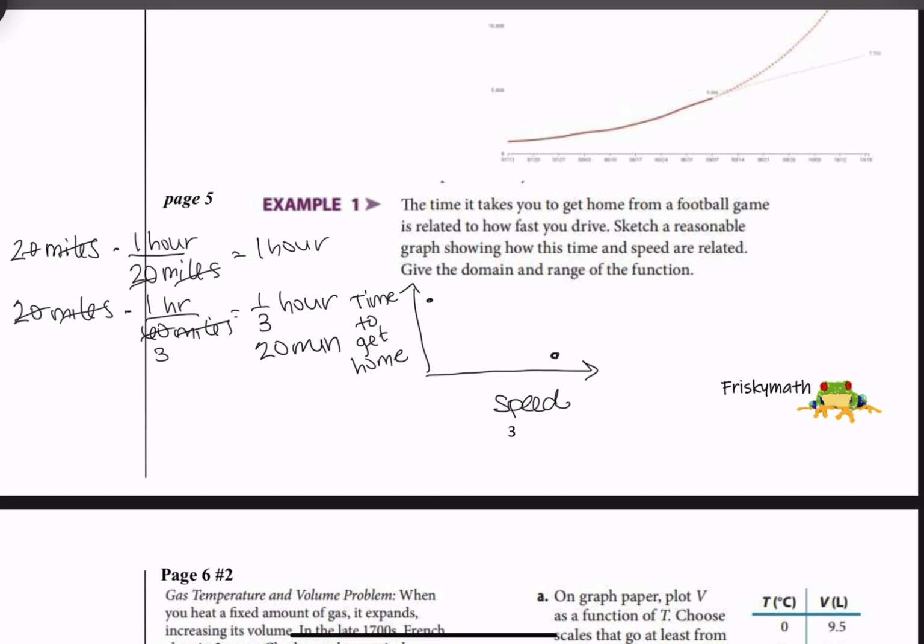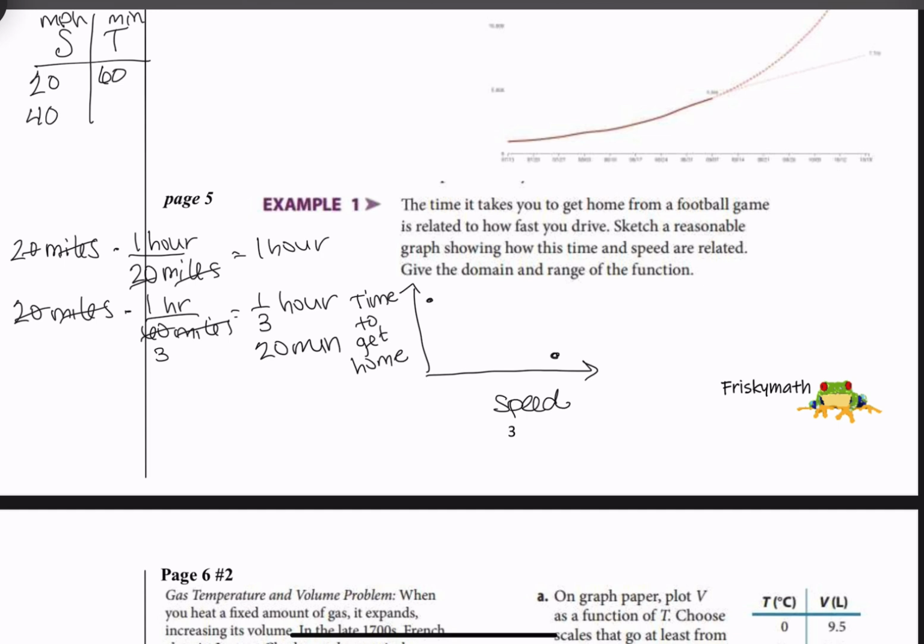So inputs are speed in miles per hour, and outputs is time. And how about I'll do that in minutes? I think that should work. So when I'm going 20 miles per hour, it takes me 60 minutes. Let's do something in between 20 miles per hour and 60 miles per hour. How about let's go 40 miles per hour.